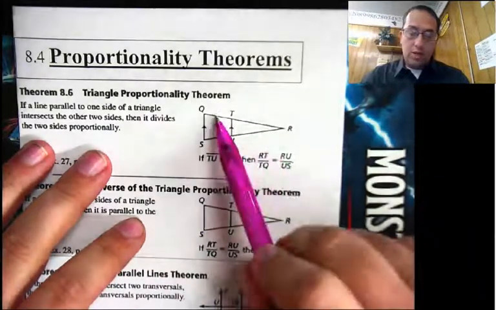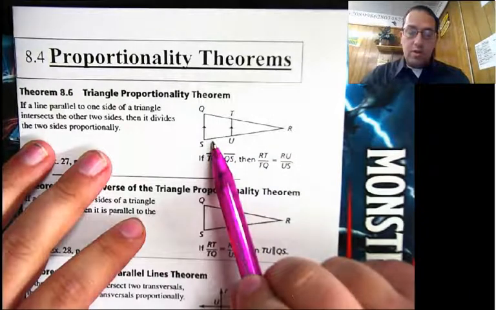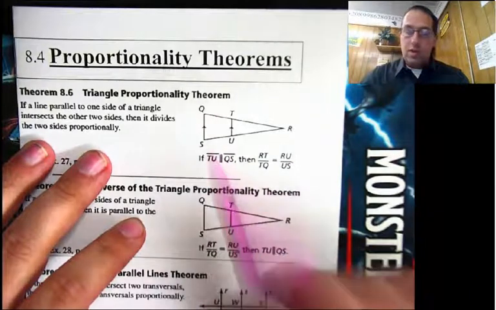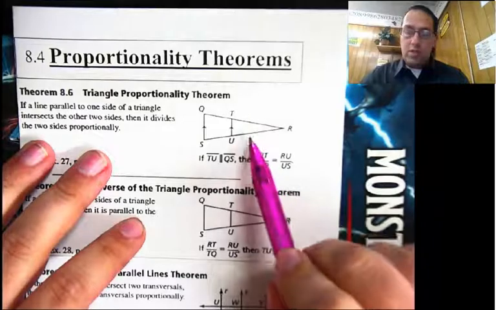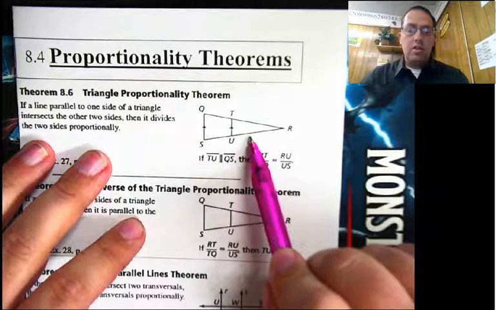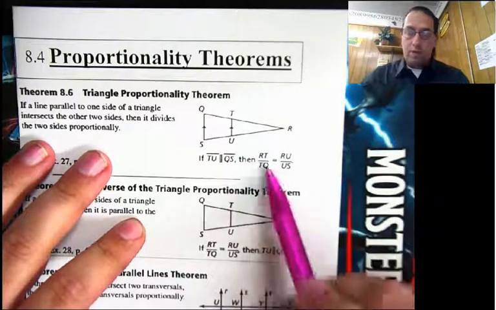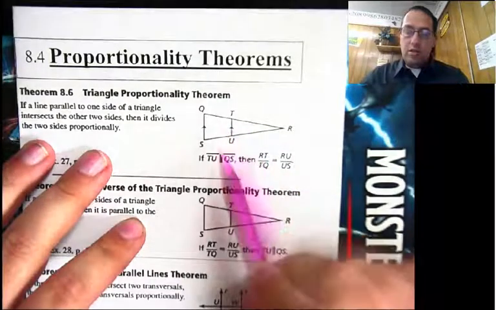Or the other way around, you could say QT and SU are proportional to TR and UR.